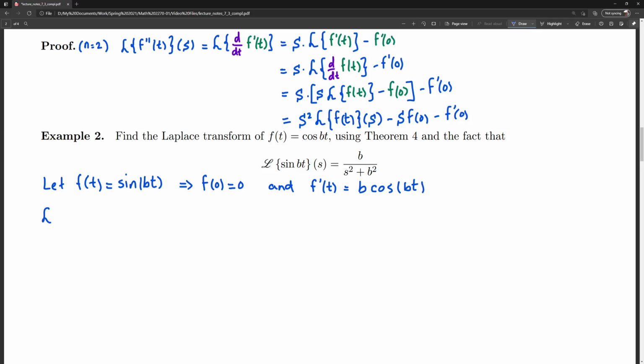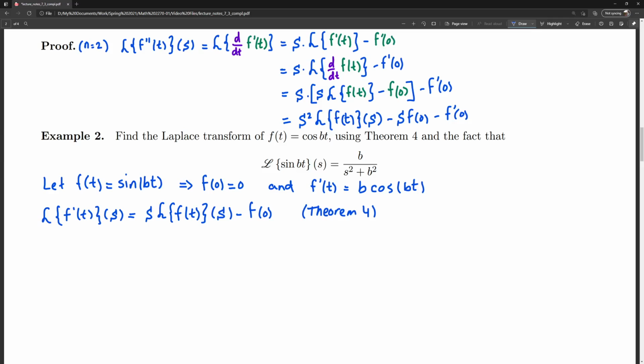So now let's take a look at what is the Laplace transform of f prime of t. Well, by theorem 4, this is s times the Laplace transform of f of t minus f of 0. So this is theorem 4 from the previous video in your notes.